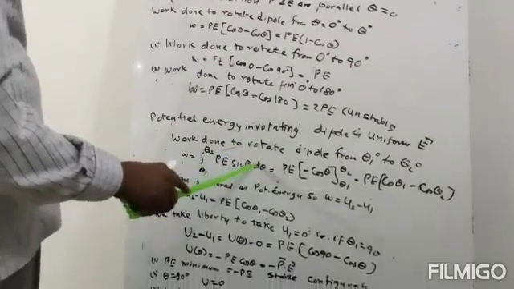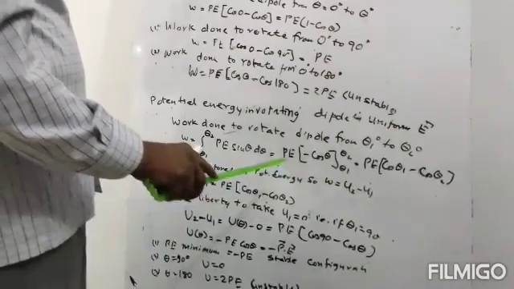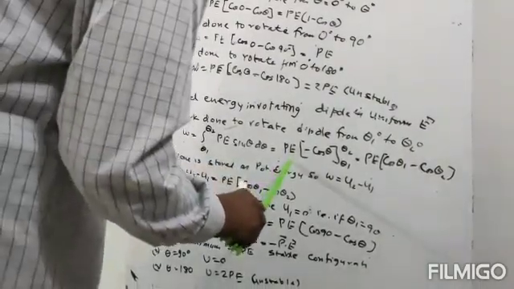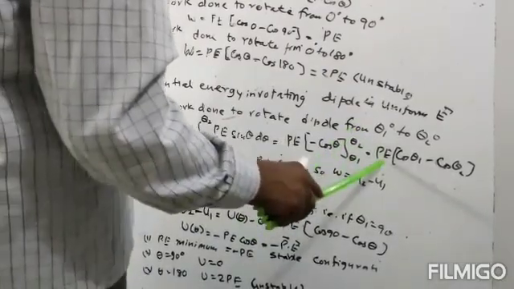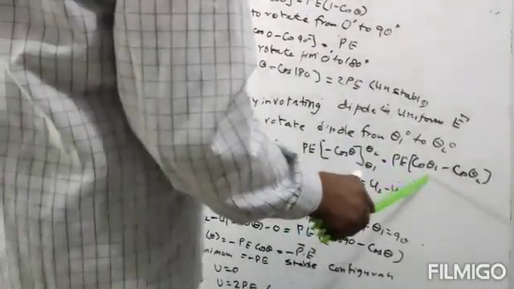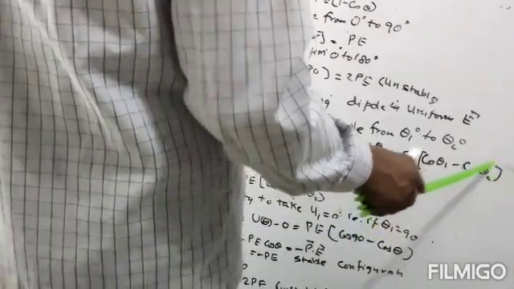Now if we integrate, sin theta becomes minus cos theta, so it will be equal to P E (minus cos theta) with limits from theta 1 to theta 2, which is equal to P E (cos theta 1 minus cos theta 2). So this will be the work done, and this work done will be stored as potential energy.